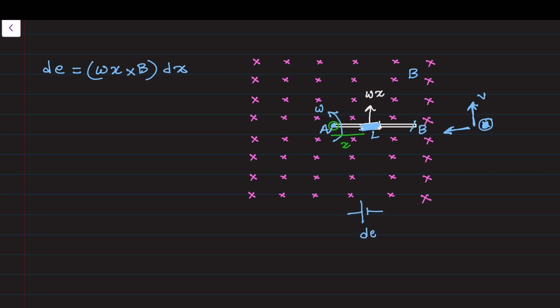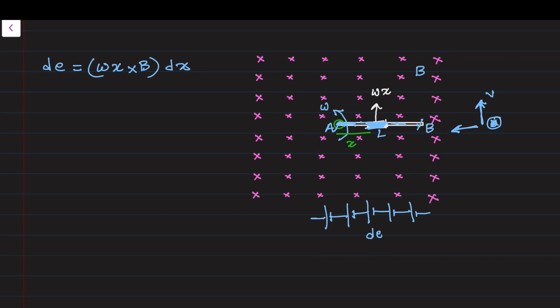It means each and every small part of the rod will be replaced in this way. And these all will be in series. If these all small elements are going to be in series, then the equivalent EMF is equal to integral of dE. And this will give you omega B x dx.